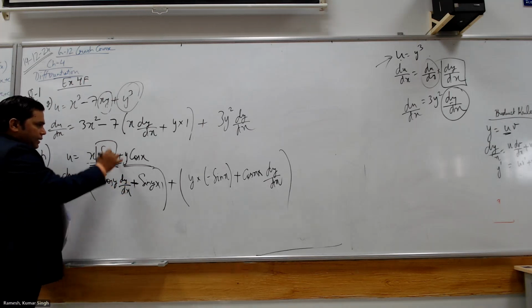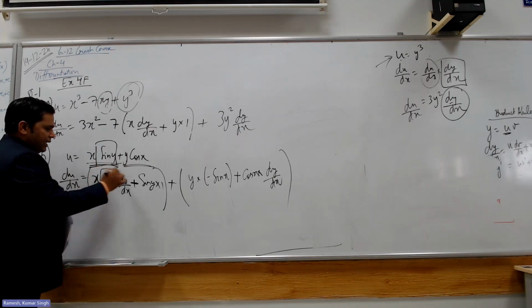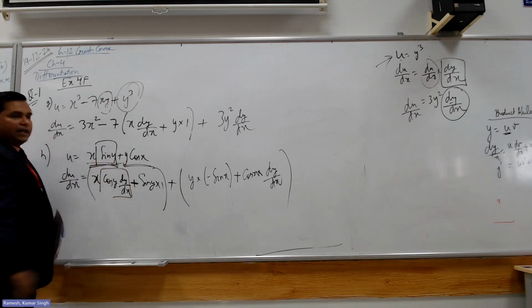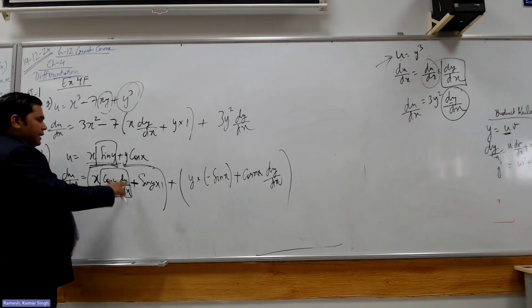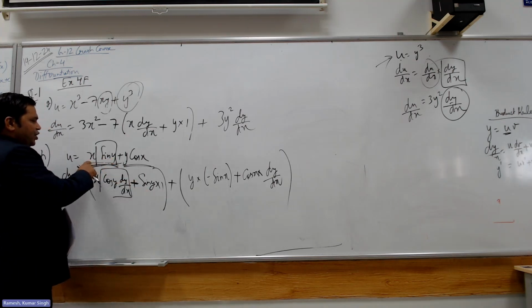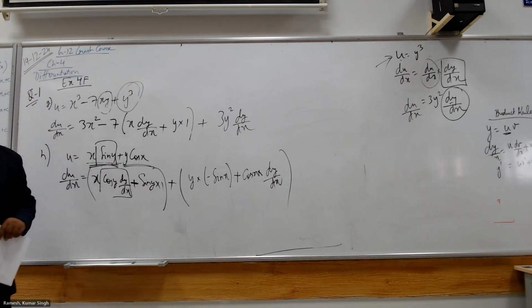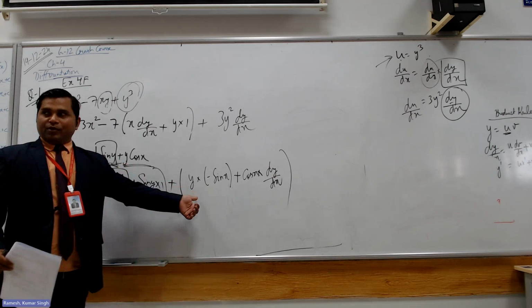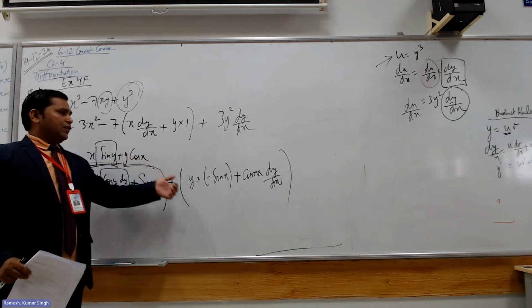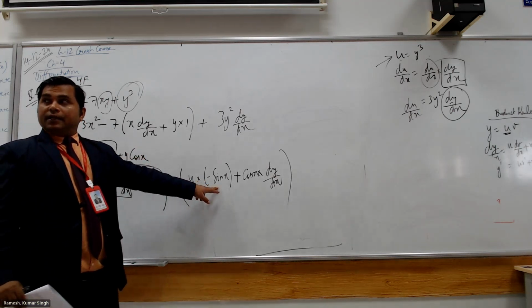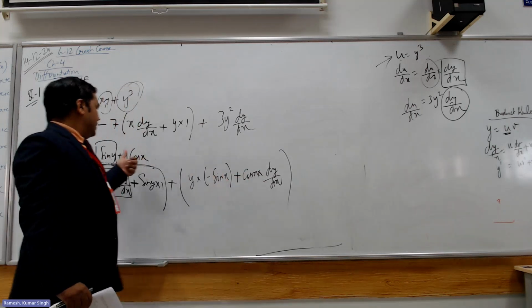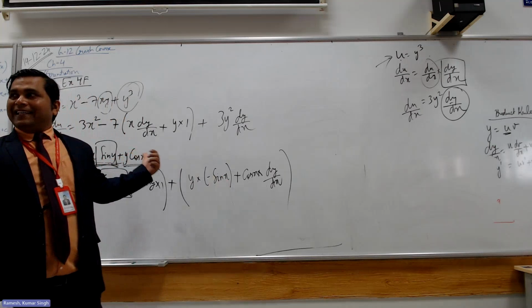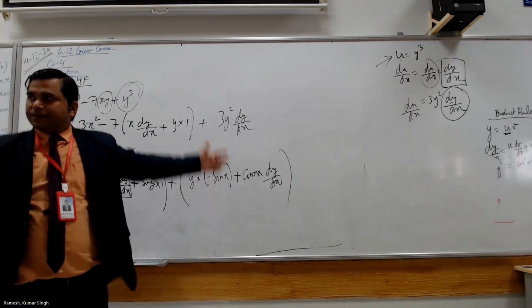So this cos y dy over dx is the differentiation of sine y. Then sine y times differentiation of x is 1. Again, we are applying product rule. So y times differentiation of cos is a negative sign, plus cos x times differentiation of y is dy over dx.